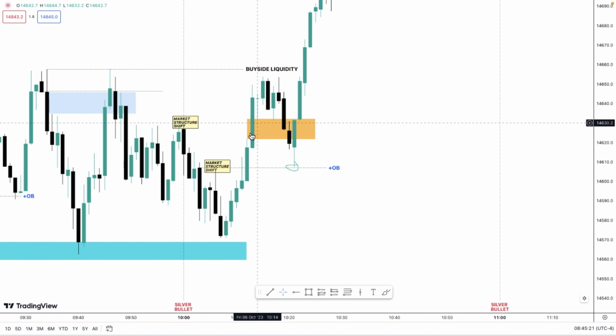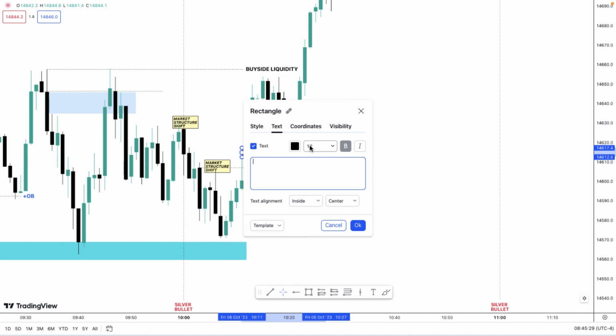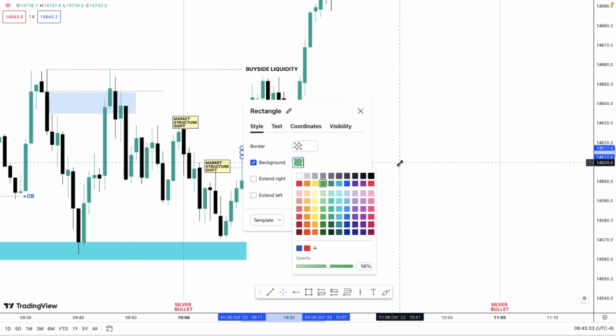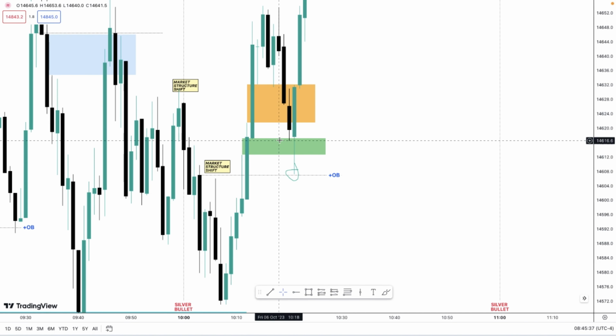Fair value gap. Fair value gap. Open your eyes and look very, very carefully. That's what you're seeing.